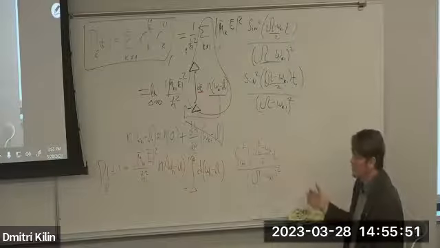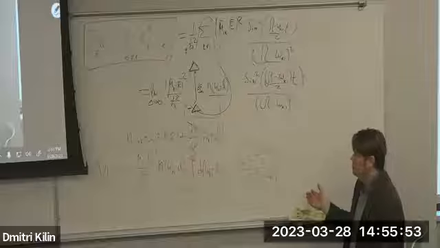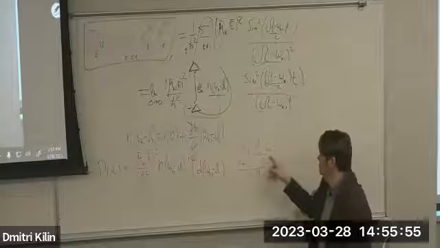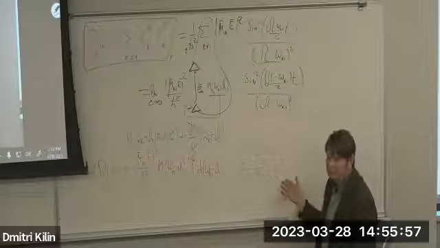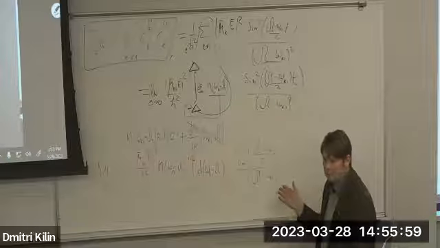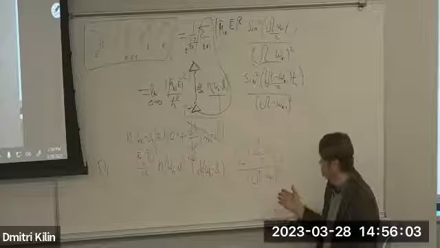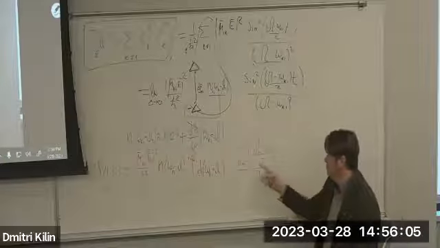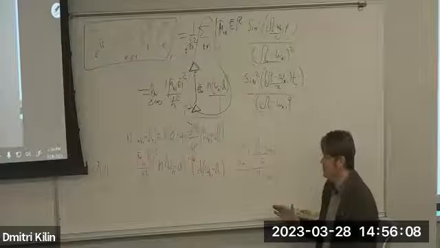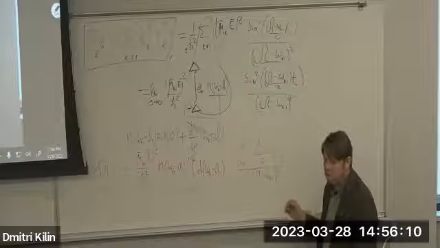Sine squared will be t squared. And then integration is not applied to the time, so it should be t squared, right? Or something unknown. But there are tricks that prove that this integral will be linear in time rather than quadratic.